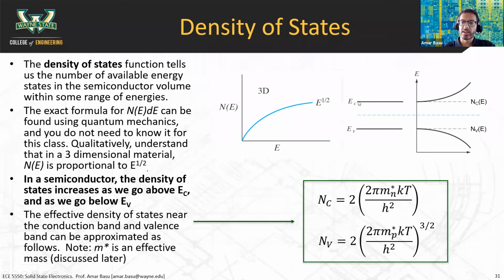But once you go above EC, the density of states starts to increase as you go higher and higher in energy. I'll say that again: there's actually no energy states right at EC. As you go above EC, the density of states increases like this.